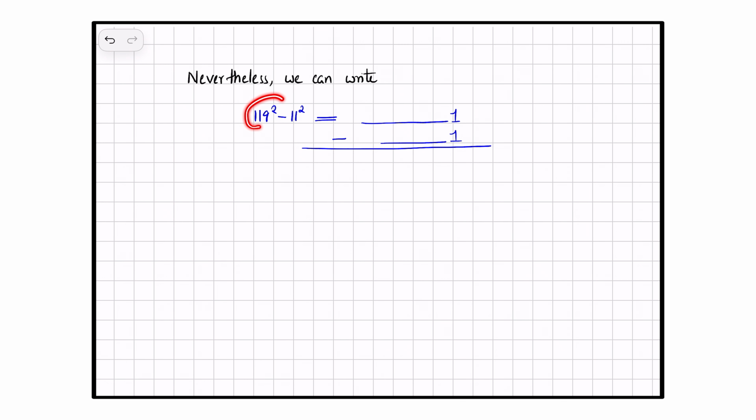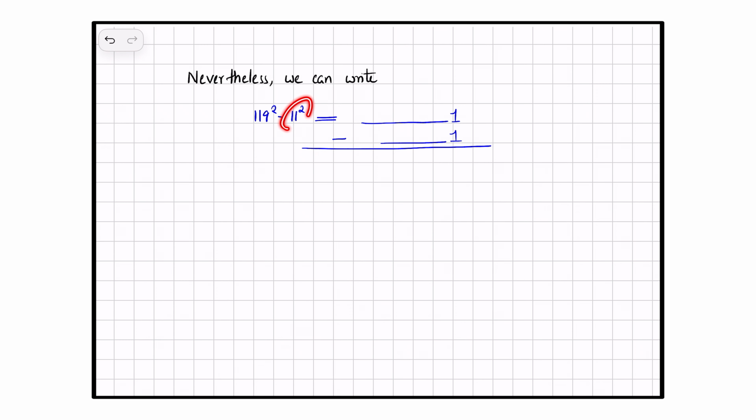Any doubt here? 119 square, if I take the actual value, it will end with the digit 1. Why? We have 9 here, and 9 square is 81, and this number will end with the digit 1. Similarly, 11 square, this number will end with the digit 1. Why? Because 1 square is going to give 1 and that will come here.